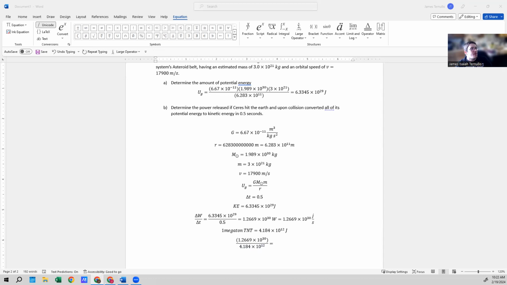Let's just do this real quick. In fact, it is 3.0278 times 10 to the 17 megatons of TNT.